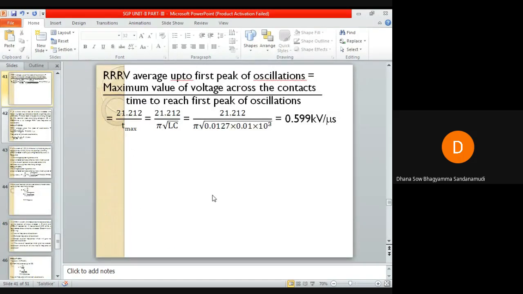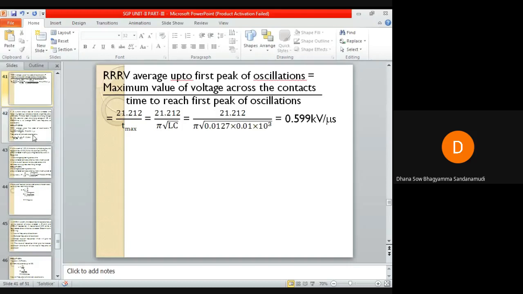While taking attendance. So the average value of rate of rise of restriking voltage up to the first peak of transient oscillations is given by the maximum value of the voltage across the contacts, that is 2V max, divided by the time to reach the first peak of oscillation, that is pi root LC. So 2V max by pi root LC.